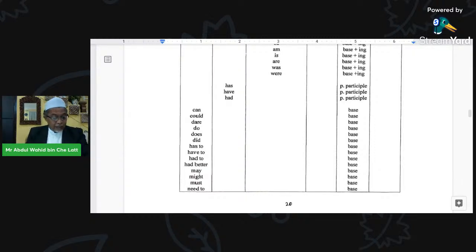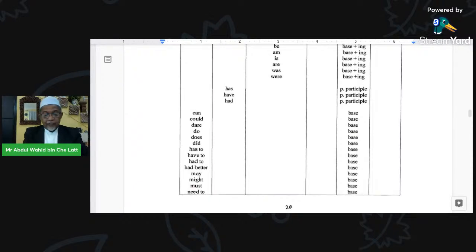Siti masih menunggu for her mother to arrive since this morning. Okay, look at the verb phrase masih menunggu. The word masih carries two concepts: concept of perfective and concept of continuous.